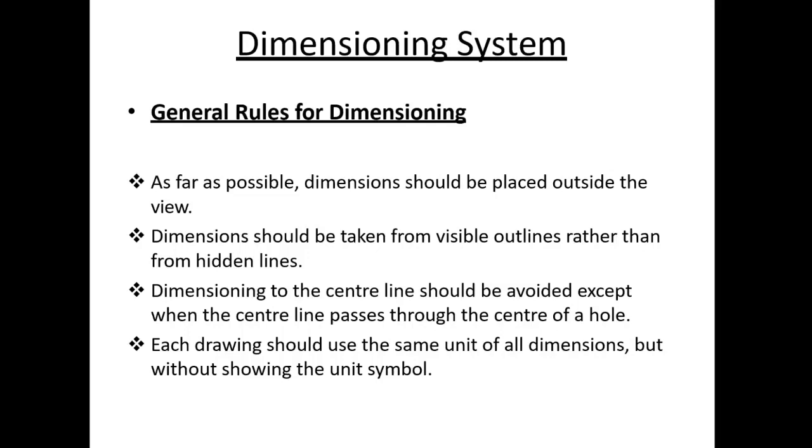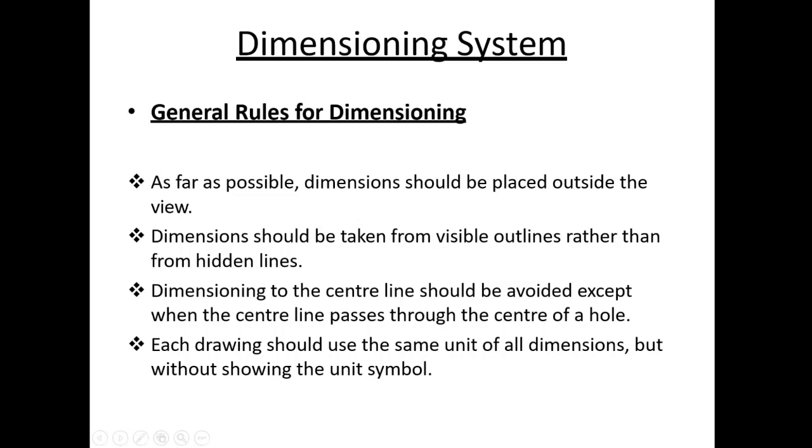All of us know if we draw any diagram, we give the dimensions to that. In engineering drawing, there are certain rules which we have to follow while dimensioning any engineering drawing.